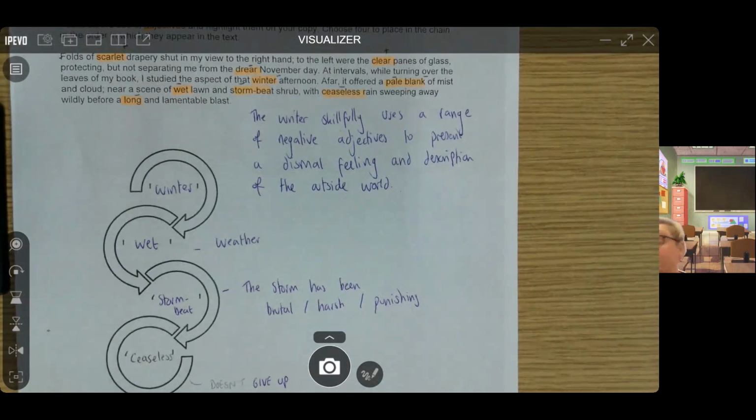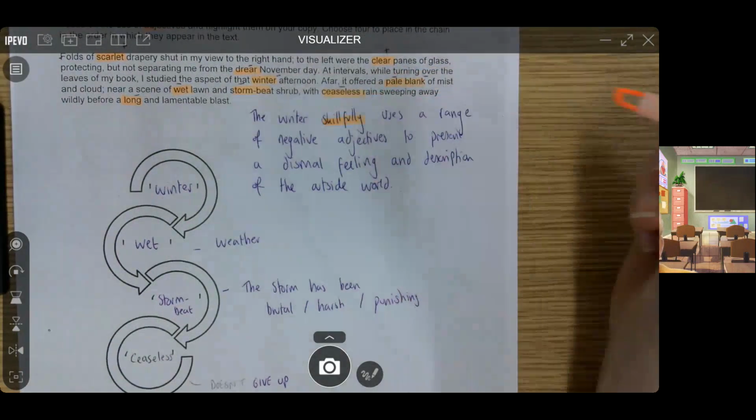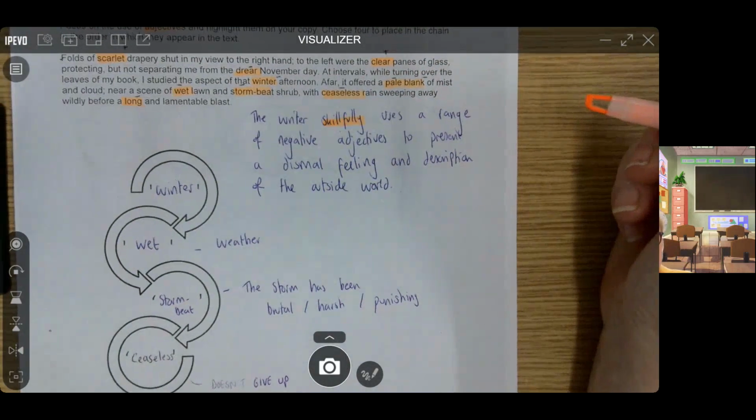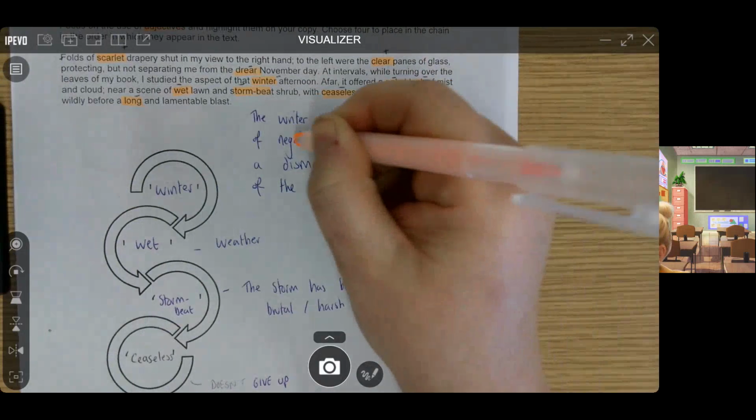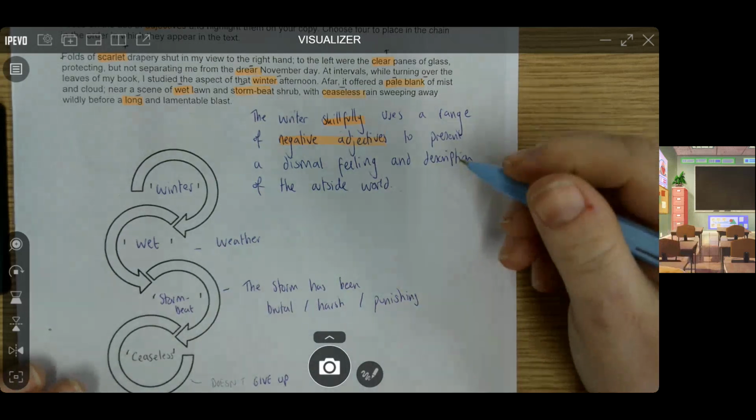Now, all I've done there is I've made my point. I've included the word skillfully, just so that I'm passing some judgment and beginning my analysis. I've used some subject terminology in the form of negative adjectives, again, just to pass some judgment. And then I'm going to go on and start to use my quotations.